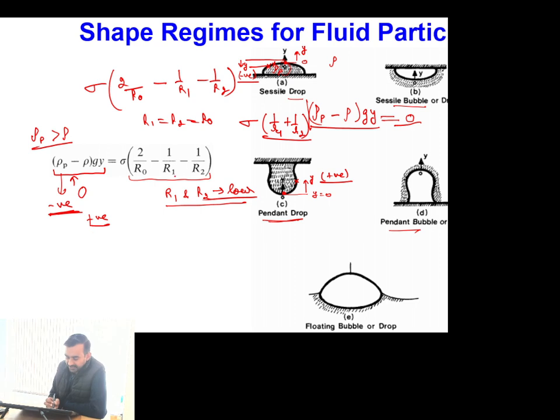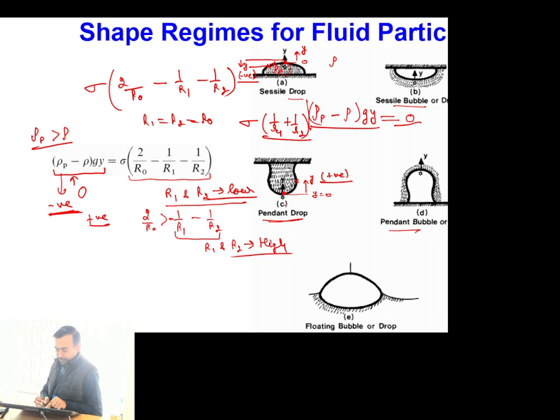Now, in order for the right hand side to be positive, value of 2 by R0 has to be greater than 1 by R1 minus 1 by R2. Okay. So for this value to be positive, R1 and R2 should be high. So it means the pendant droplet shape adjusts in such a way that when we move away from the origin on the interface, its radius of curvature actually increases.